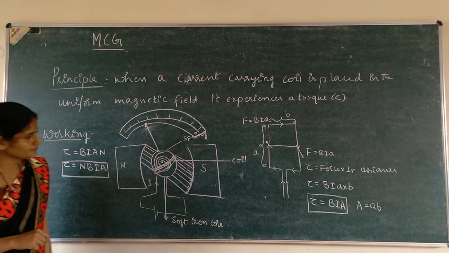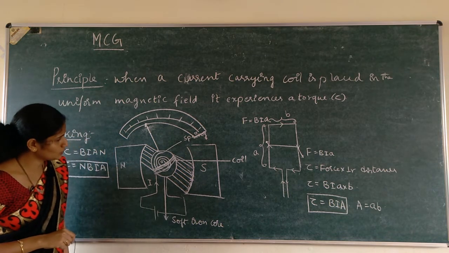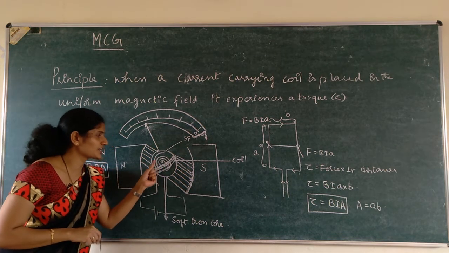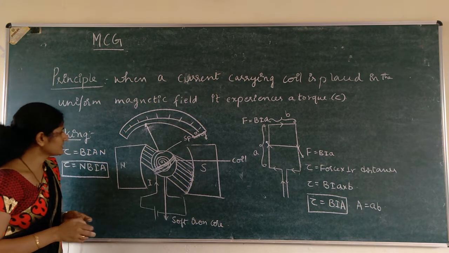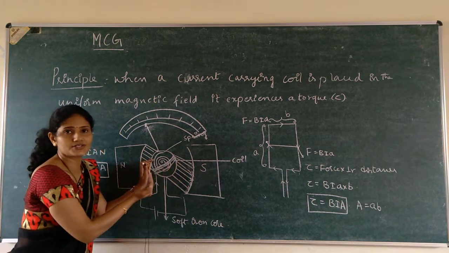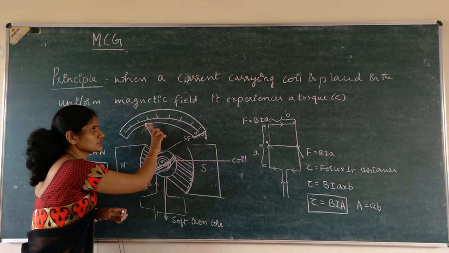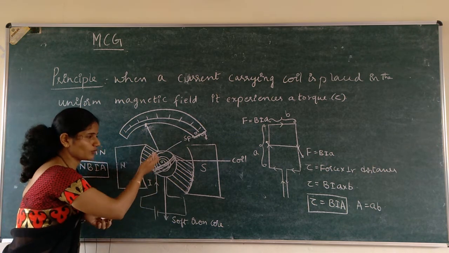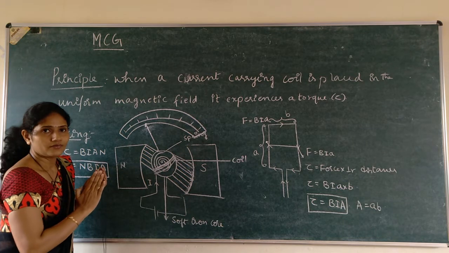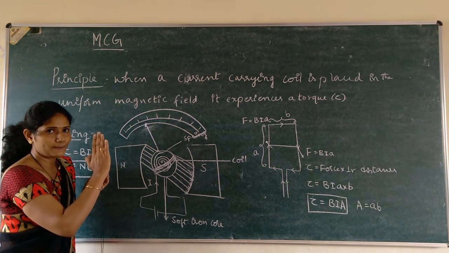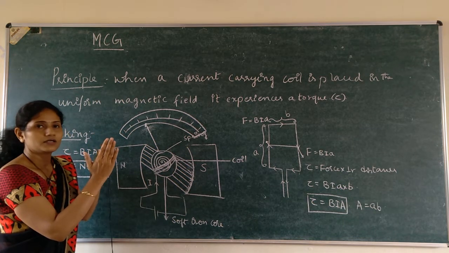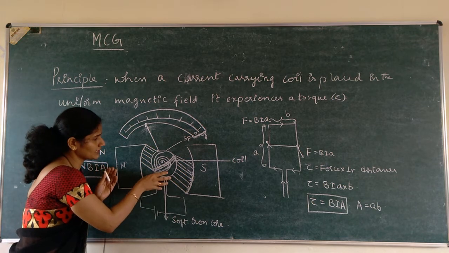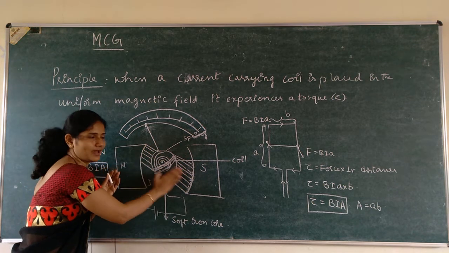Now let us see what is the use of this spring. When this coil rotates, the galvanometer shows deflection, right. I is the current which is flowing through the coil. When current flows through the coil, what happens? This whole setup or the coil is placed in the uniform magnetic field.